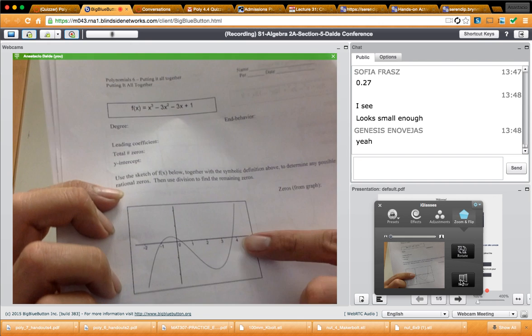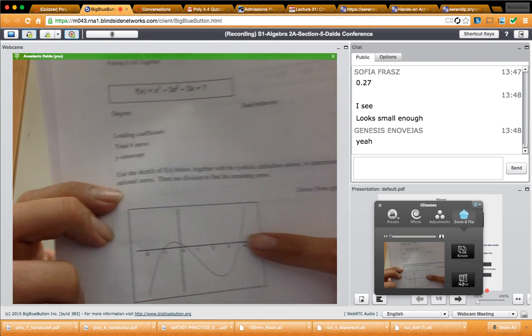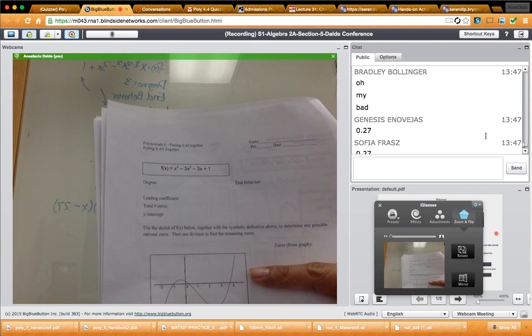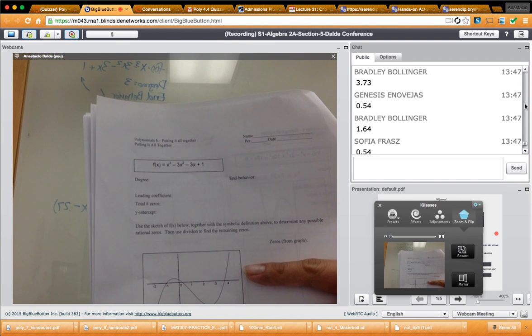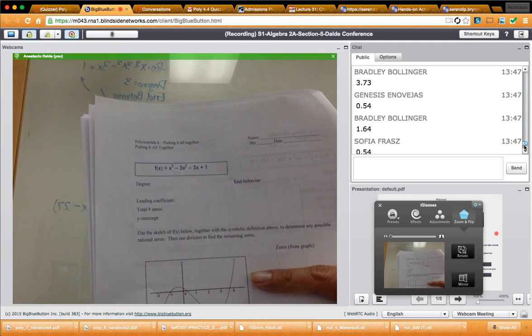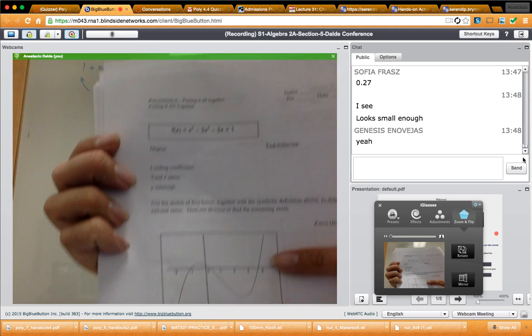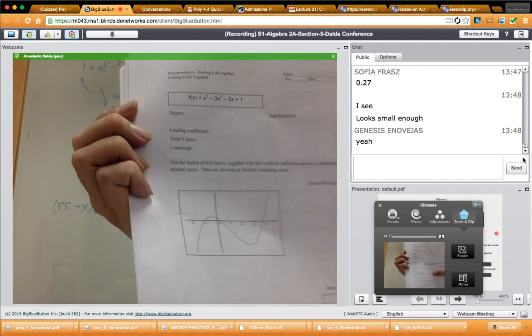And then this is about 3.46. Wait, was it 3.46 or was it 3.73? Let me look at your comments. What was it? Oh, 3.73. Sorry about that. Yeah, because I'm looking at this, I'm like, that's not 3.46. Are you kidding me? But 3.73, I would agree with that, definitely, for sure.